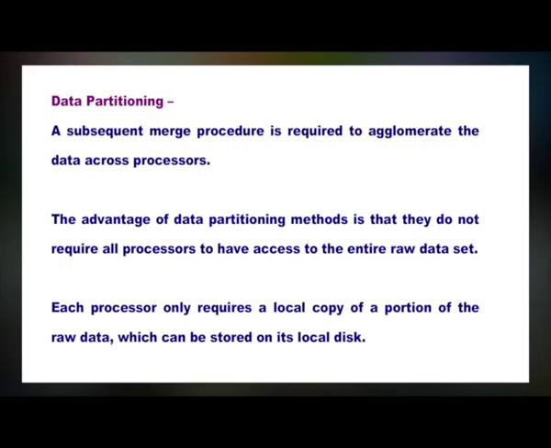Hope you have understood this concept. The advantage of data partitioning methods is that they do not require all the processors to have access to the entire raw data set. They will have access to only the subset. Each processor only requires a local copy of a portion of the raw data that can be stored on its local disk. This makes such methods feasible for shared nothing parallel machines.